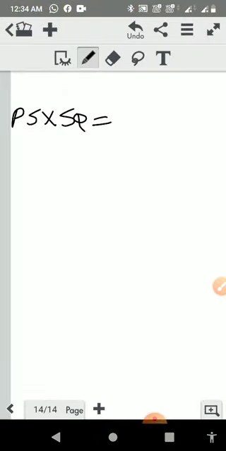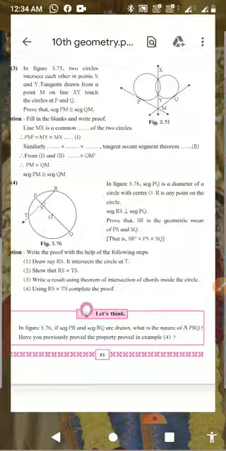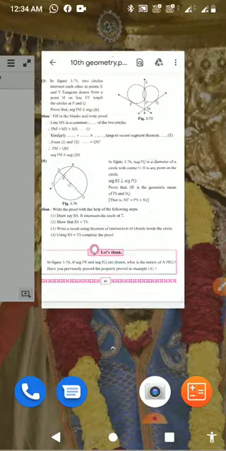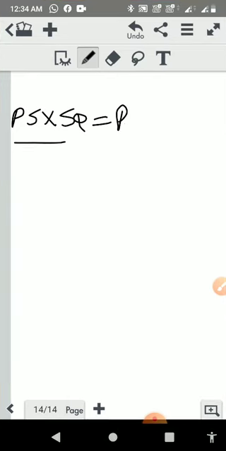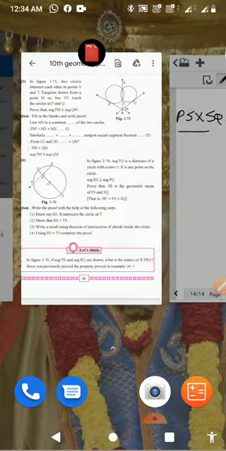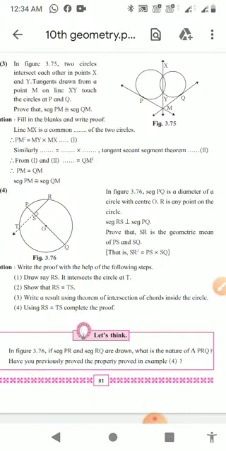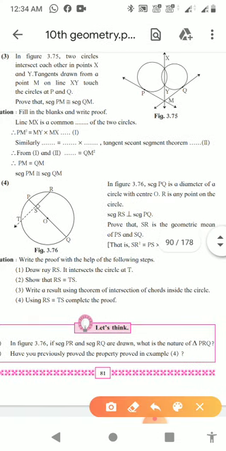So in this circle, using the theorem of intersection of chords inside the circle, I can write PS into SQ, which is equal to RS into ST. But we already showed here that RS equals TS.